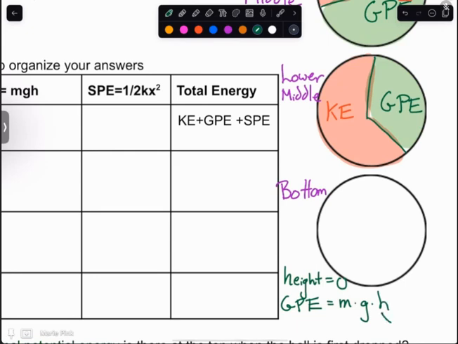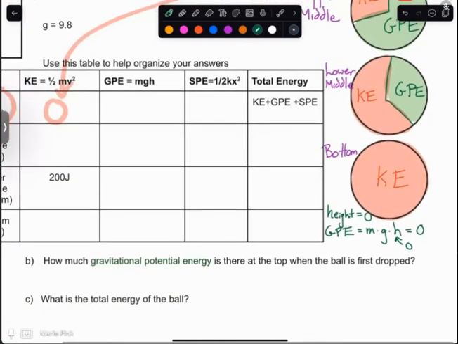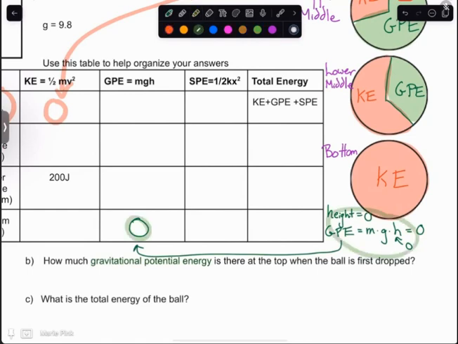When my height is zero, any number multiplied by zero gives zero. So if there's no gravitational potential energy, everything left is going to be your kinetic. Now we found another zero. Ding, ding, ding. Exciting. So we make sure that the gravitational potential energy at the bottom is zero, remembering what's causing that.